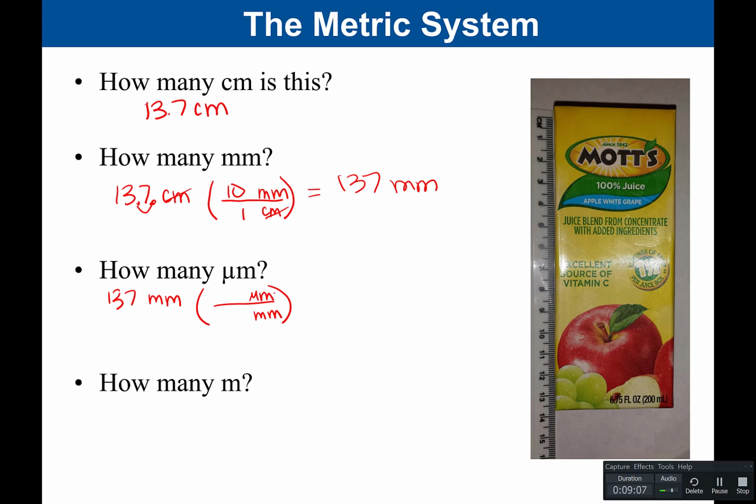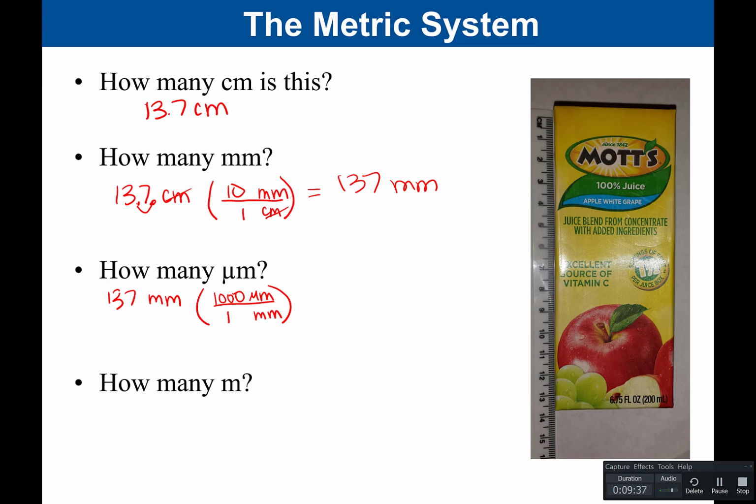Micrometers, micro are very small. So if you think about cells, for example, cells are tiny. They are often microscopic. You need to use a microscope. So obviously a micrometer is going to be smaller than a millimeter. And so the conversion is going to be that 1 millimeter is equal to 1,000 micrometers.